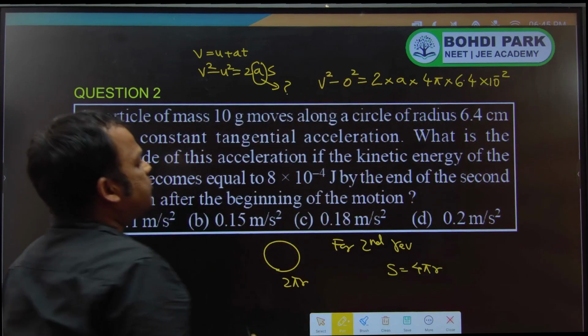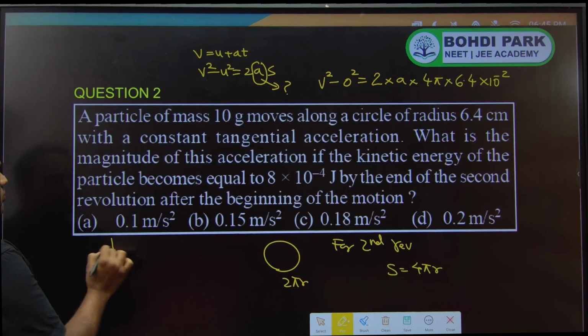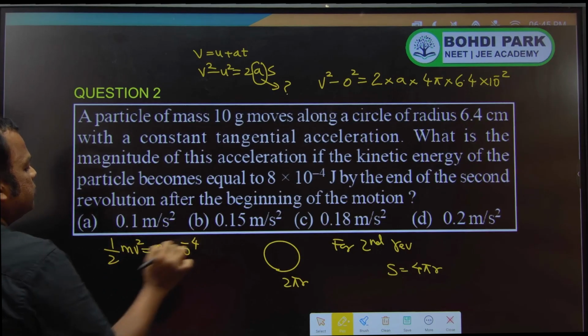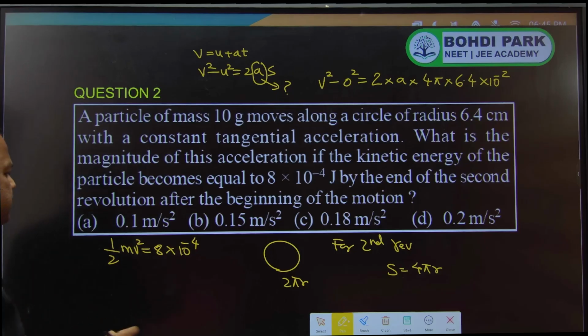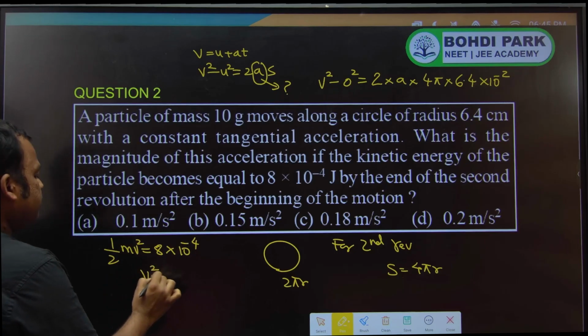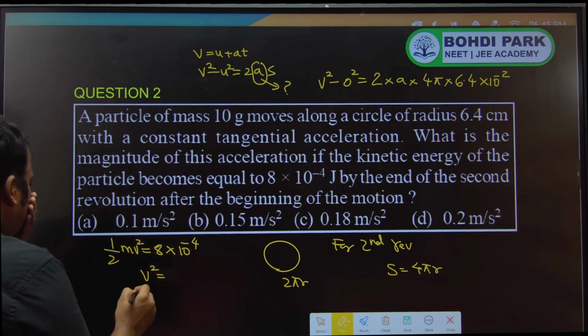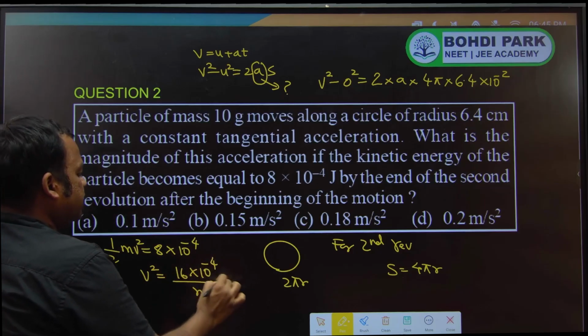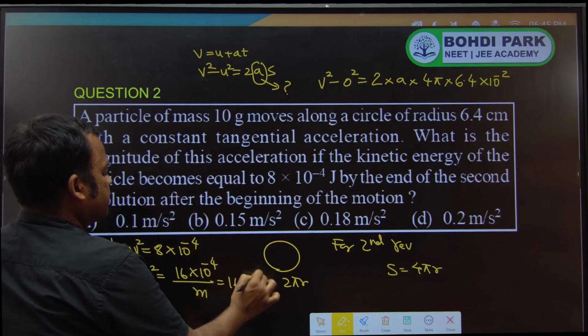Now kinetic energy is given, so half m v square is 8 into 10 raised to minus 4. So the value of v square is 16 into 10 power minus 4 by m.